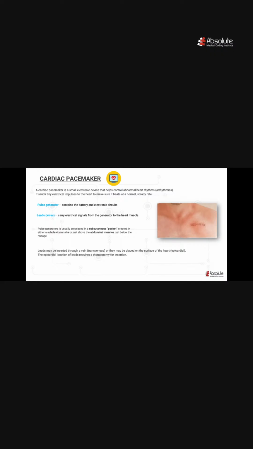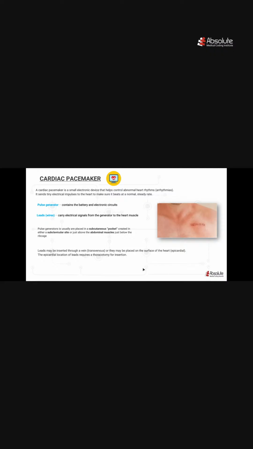In this method, the leads are placed directly on the outside surface of the heart, called the epicardium. This procedure requires a thoracotomy, which means the chest has to be surgically opened. So remember, coders, transvenous means through a vein, and epicardial is directly on the heart surface, which mostly requires a thoracotomy. All right. Are we good so far?